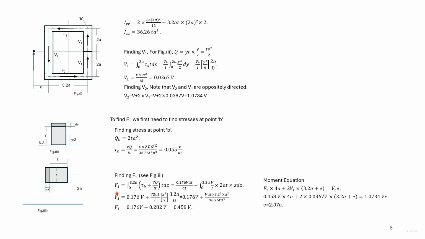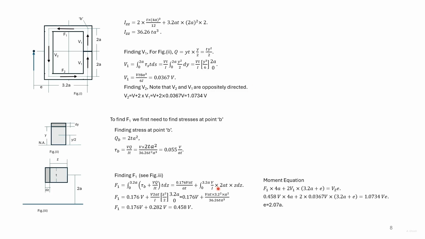So F1 is found by integrating this term from 0 to 3.2a. Due to tau P, the term that we get is by multiplying this portion into 3.2a into P. Substituting capital Q here to carry out the second integration.